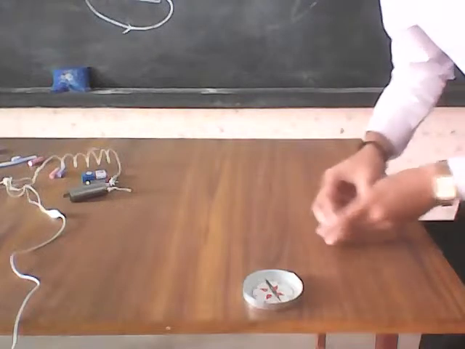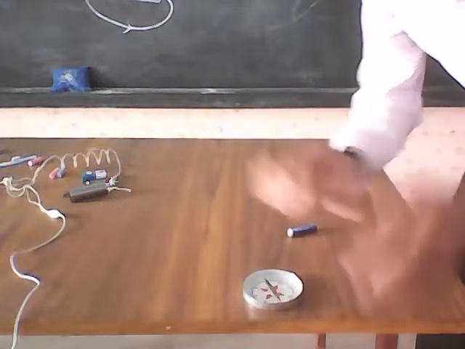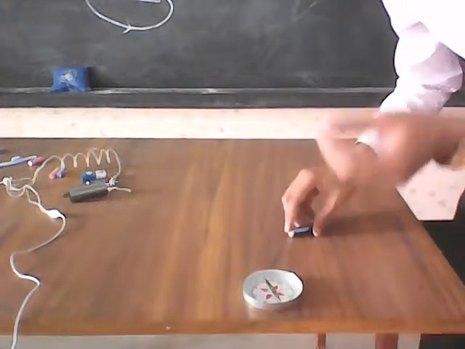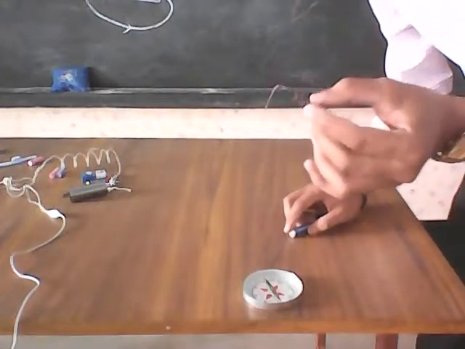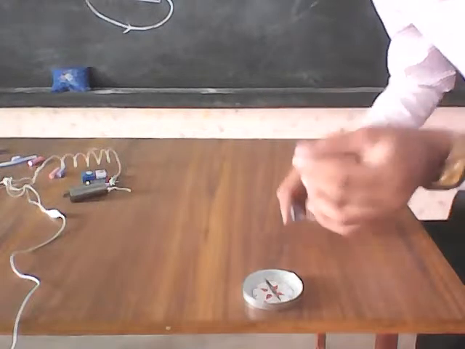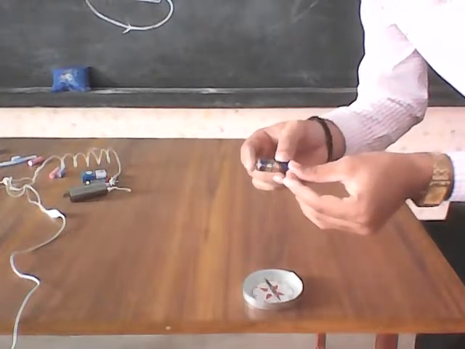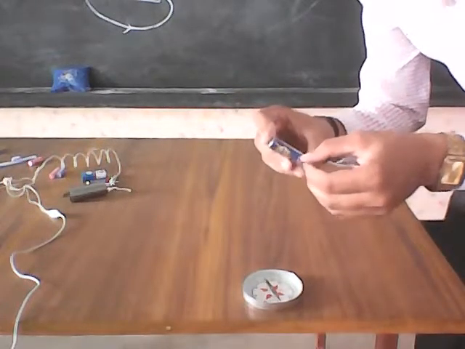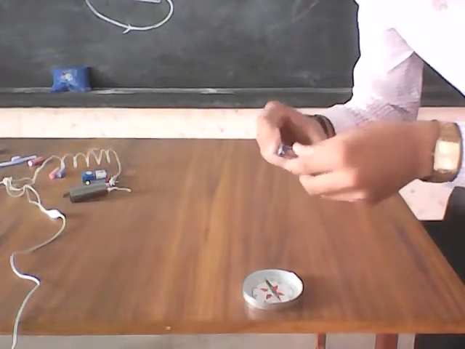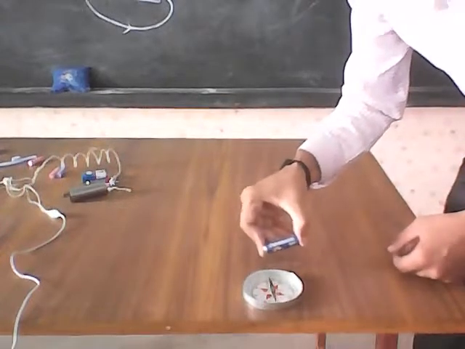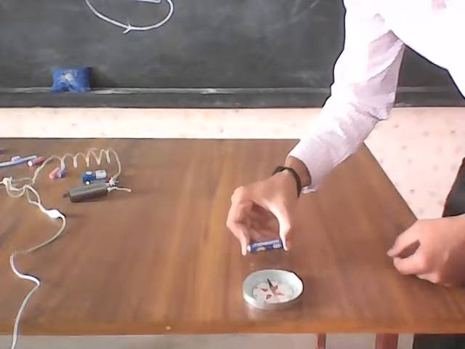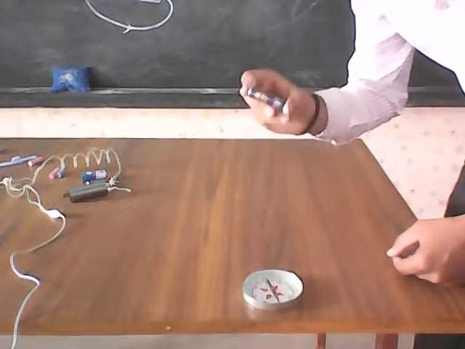Very good. Now, see, this is a solenoid, right? Now, see, it is producing the magnetic effect or not, right? See, when I'm connecting this coil, the solenoid, with the cell, are you seeing the deflection?